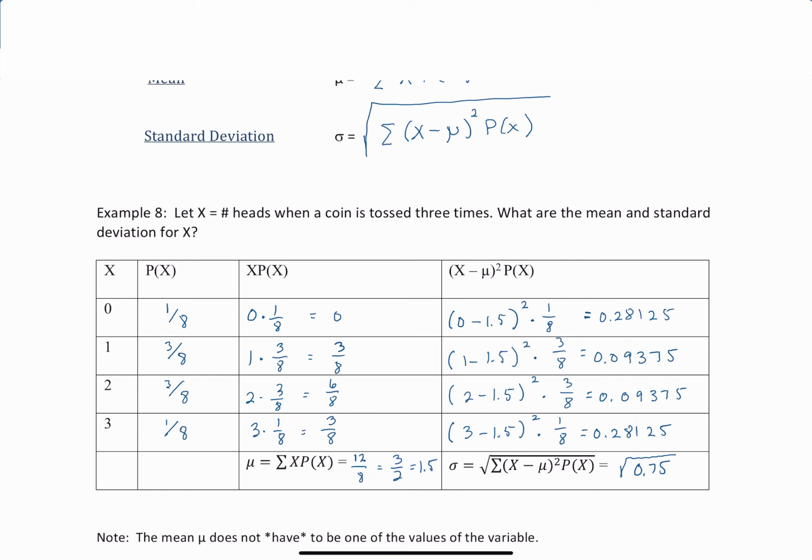And our final answer then is sigma equals 0.866, and now I have rounded off. There's no reason to keep all those many decimal places in our final answer.